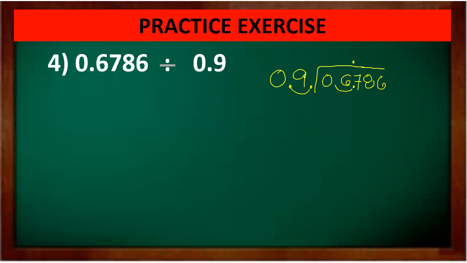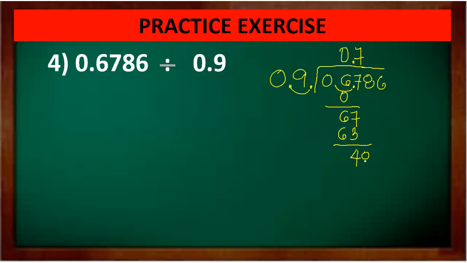So let's proceed with division. 6 divided by 9 is 0. 0 times 9 is 0. 6 minus 0 is 6. Bring down 7. 67 divided by 9, that will give you 7. 7 times 9 is equals to 63. 7 minus 3 is 4. 6 minus 6 is 0.